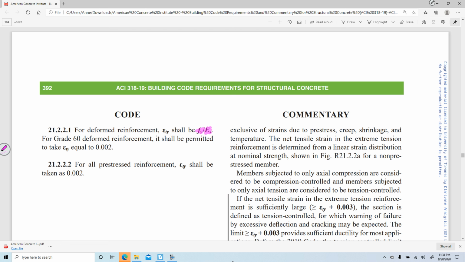And if it's grade 60, which is what most things are, use 0.002. Even though it's actually 0.00207, you could just round it to 0.002 for this specific calculation.